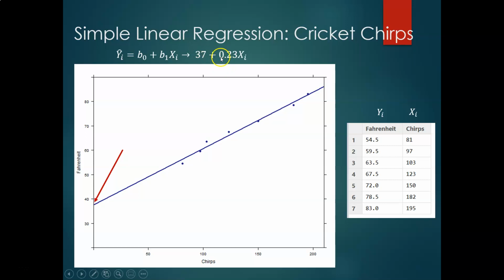We're going to get 37 plus 0.23 times 1, which is going to be 37.23. Assume x is 2. You're going to get 0.46, and you're going to add that to 37, and that's going to be your predicted value. So for each numerical increase here, we're going to be adding on another 0.23 multiplied by the value of x. Add that to the 37, which is our starting point for the line. That's how we get our predicted values.